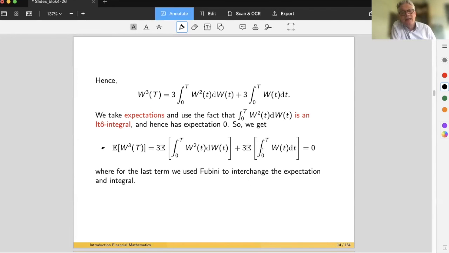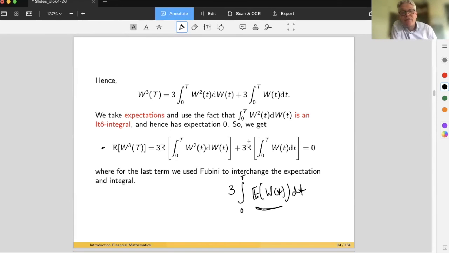And then inside the expectation, we are also dealing with an integral from 0 to T. And now we can use Fubini's theorem to actually interchange the expectation with the integral. So we can interchange these, giving rise to 3 times the integral from 0 to T of the expected value of Wt dt. And there we recognize the expectation of a Brownian motion, and that is equal to 0.